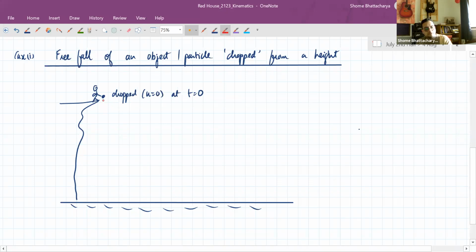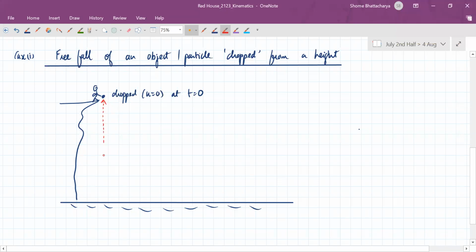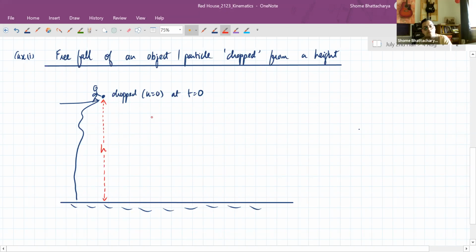So let's also assume that it's at a position which is at a distance of h from the ground, and the value of acceleration due to gravity is g. So for this situation, as the object is falling, at t equal to 0, whatever its position is, we will take that as our origin of the coordinate system, and the direction of its motion, we'll take as our y-axis.